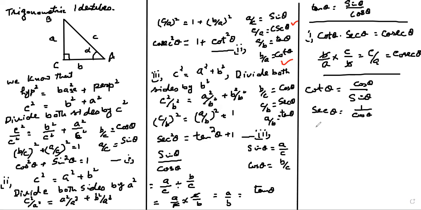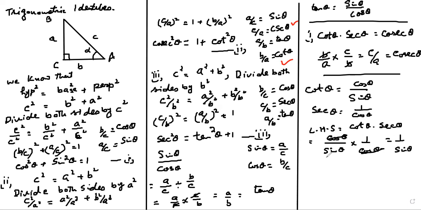So the left hand side will be cotangent theta into secant theta, which equals cosine theta divided by sine theta multiplied by 1 over cosine theta, equals 1 over sine theta, which is equal to cosecant theta, which equals the right hand side.